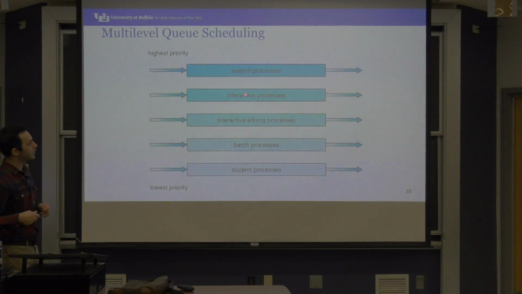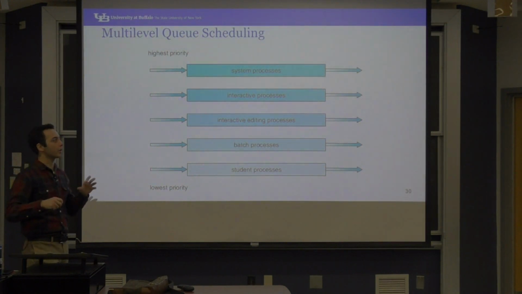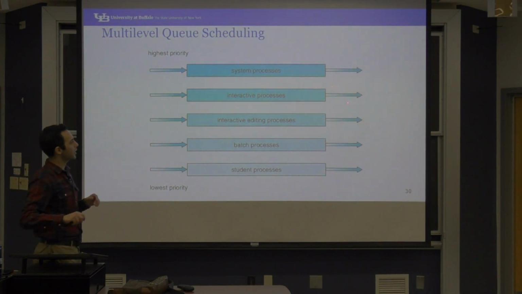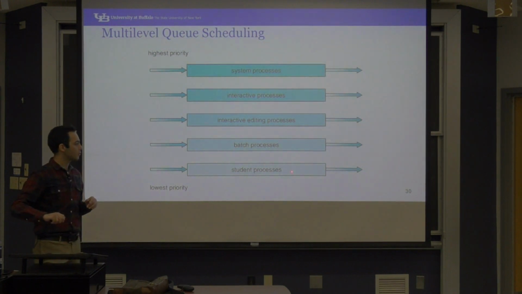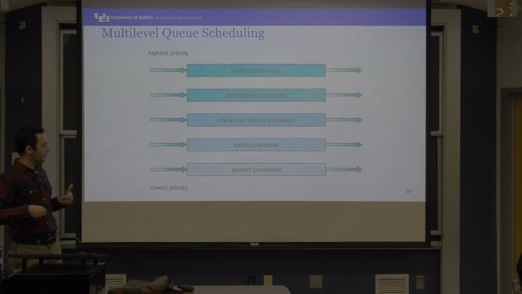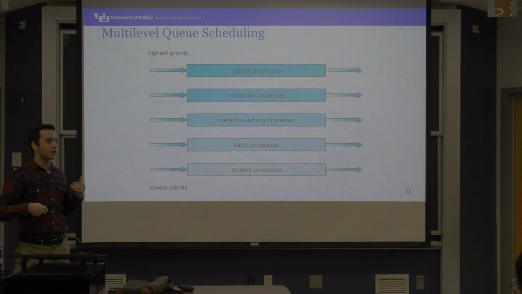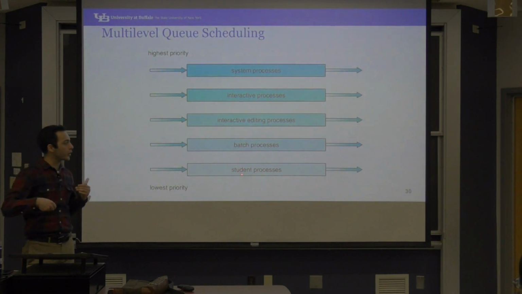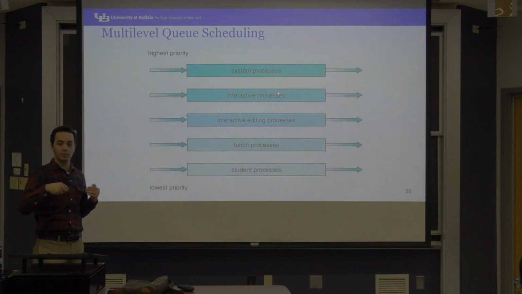when you have multiple queues, it's like this, right? Maybe you have different queues based on the category: system processes, interactive processes, and student processes, whatever. And now you might have different priorities for each of them, so that you don't compare a student process with a system process.